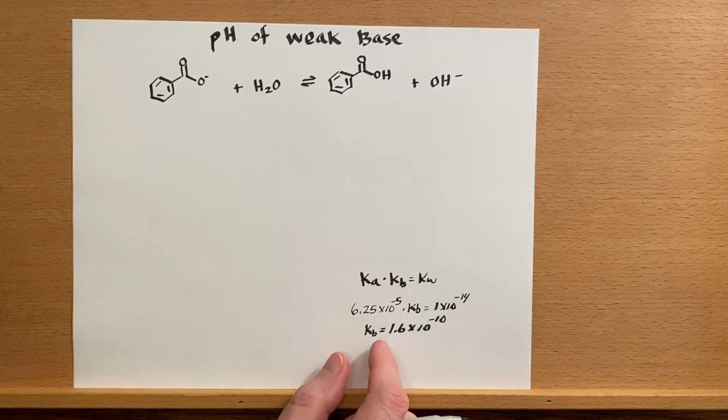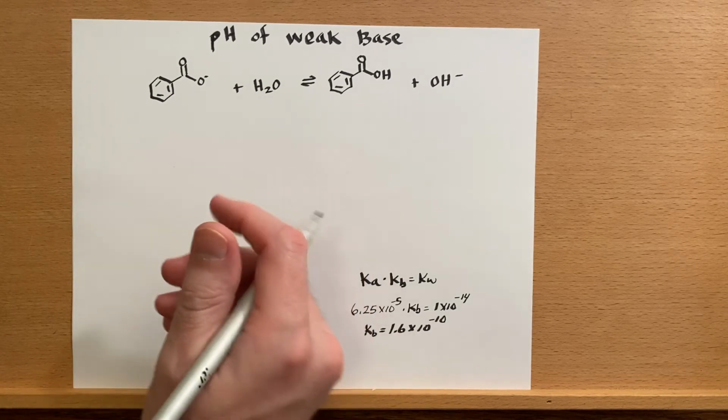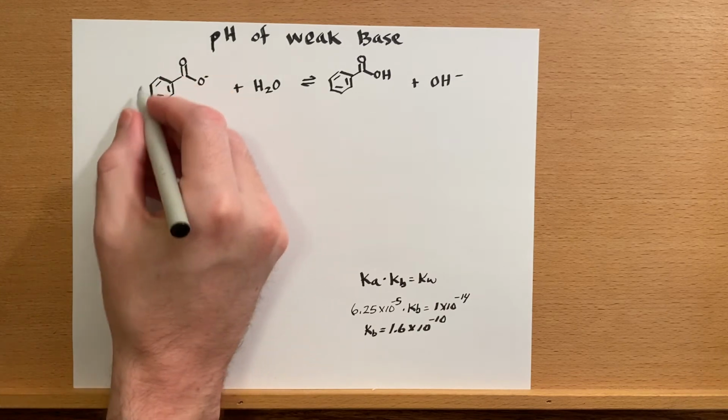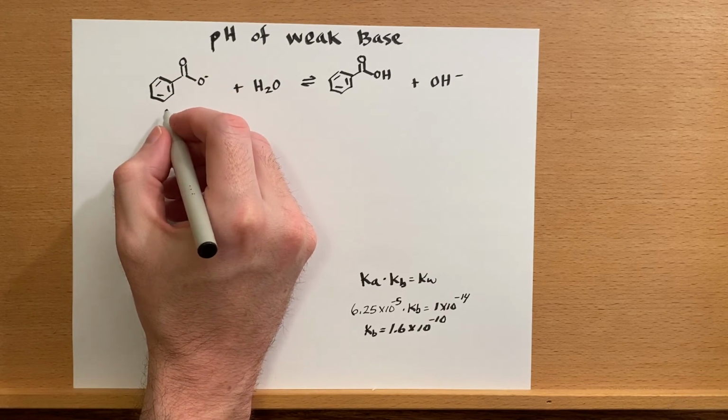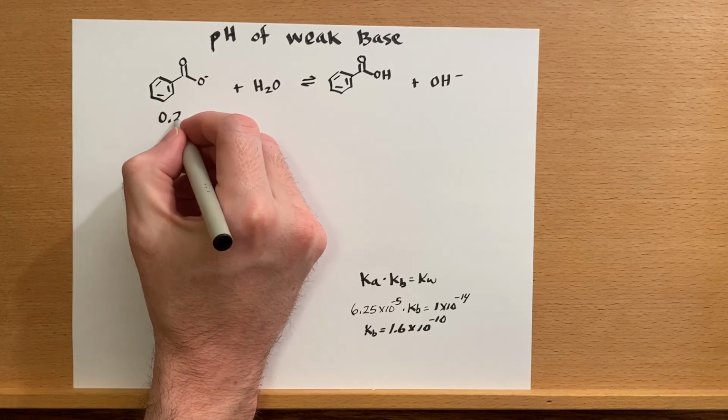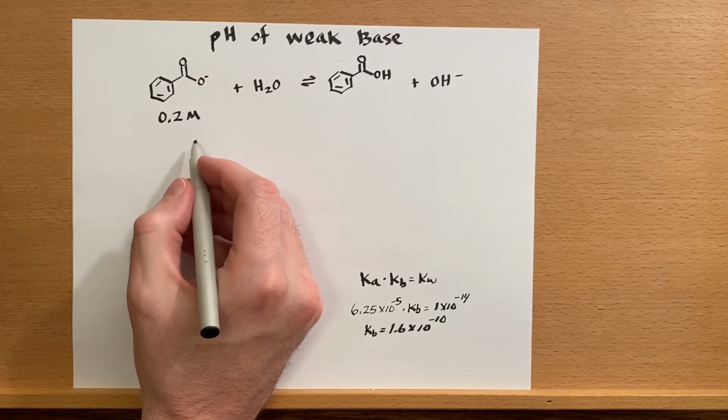All right, so now that we have our Kb, we just need to make up a concentration that we'll use for this species right here, the benzoate ion. And I've chosen 0.2 molar for this.